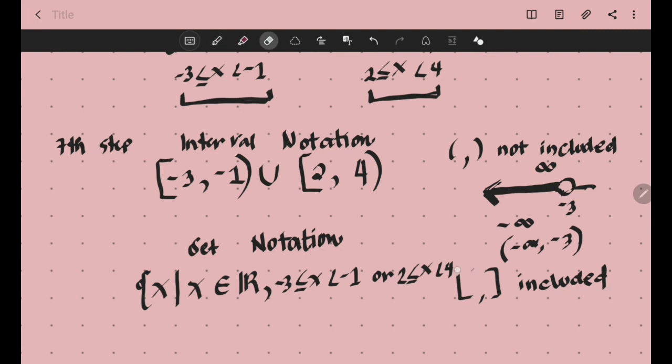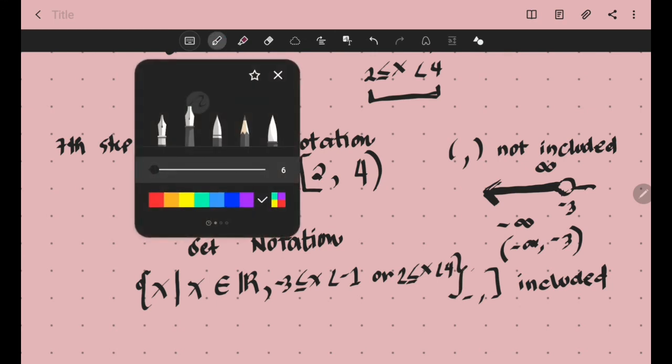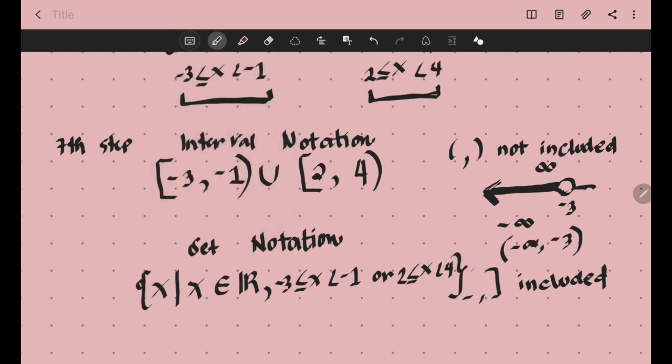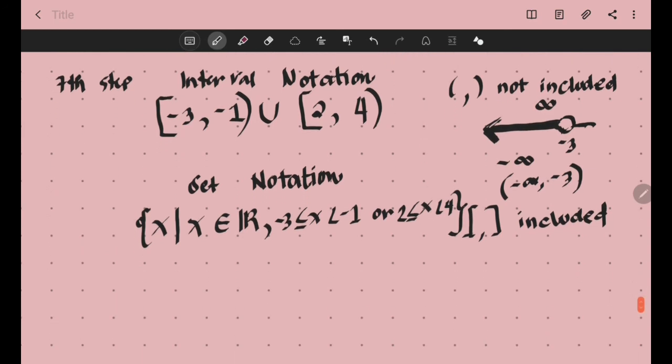Then we will have to close the braces. Yan. So, ito ngayon yung tinatawag nating set notation. Again, basahin natin. The possible values of x such that x is an element of real numbers where x is between -3 and -1, or x is between +2 and +4.